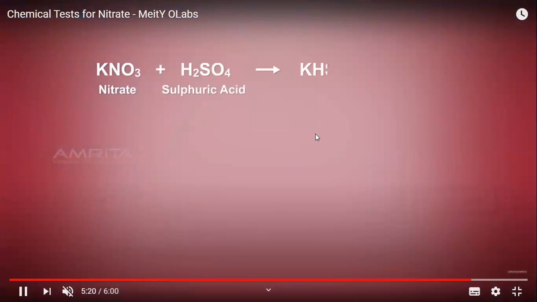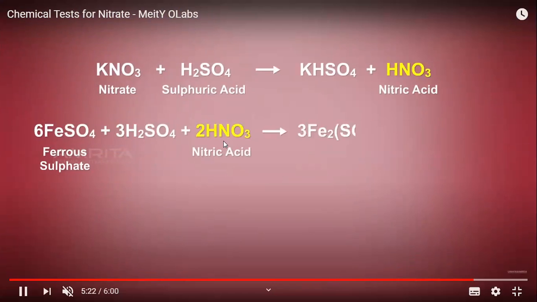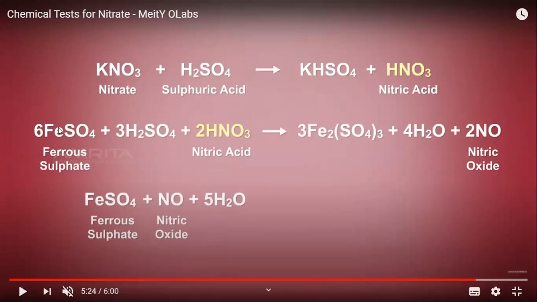It is wonderful to observe this. This reaction is easy to understand. We have sulfuric acid, we have nitrate inside it. So sulfuric acid reacts with the NO3 minus and produces nitric acid. And this nitric acid reacts with the ferrous sulfate solution to produce Fe2(SO4)3, that is ferric sulfate.